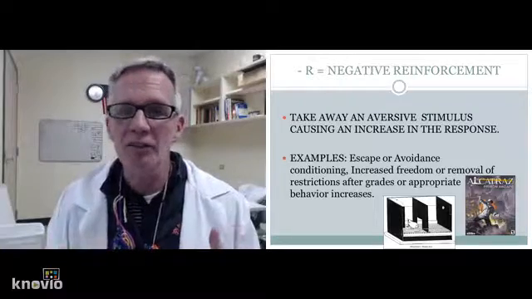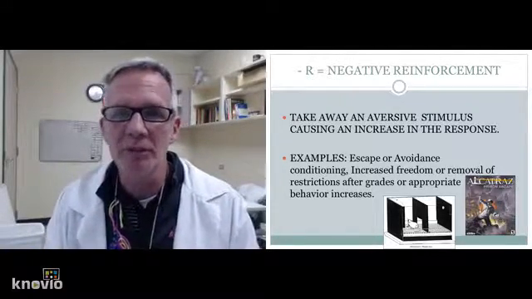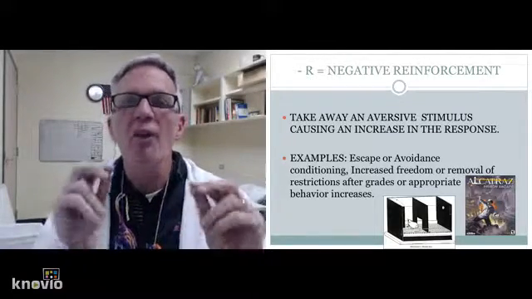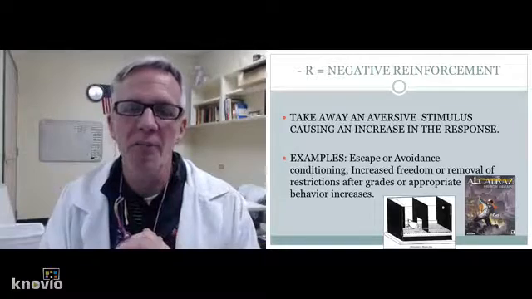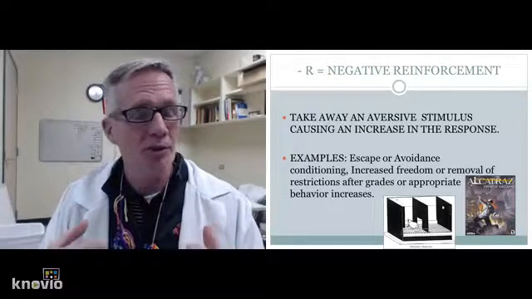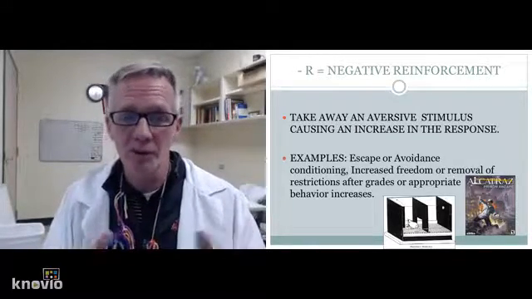If your car keys are taken away or you're grounded, if some type of restriction is taking place, your parents say raise your grades and those restrictions will be removed. The way they phrase that is very important. It becomes a negative reinforcement issue. You're likely to raise the grades. You could raise them for money, or you could raise them to get rid of the restriction. Either one will increase behavior.